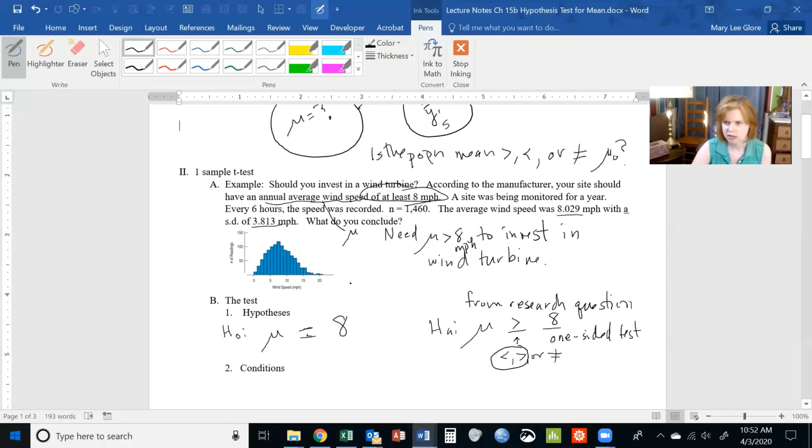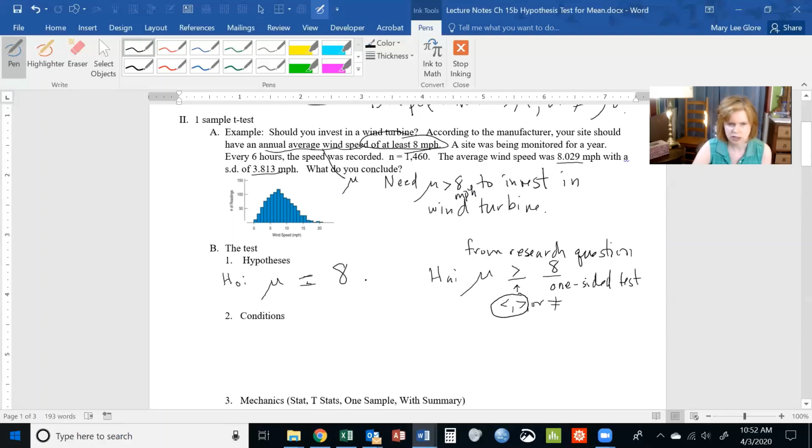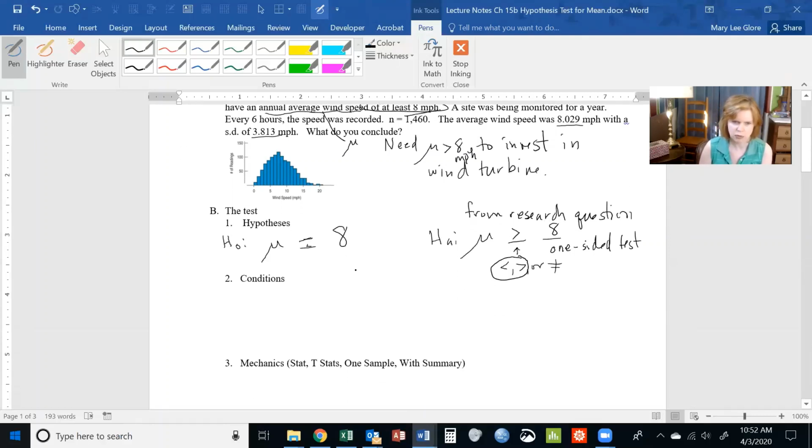All right, so let's look at our conditions. The conditions for this are the same as for the confidence interval. The first condition for all of my confidence intervals and tests is the independence or randomization condition.